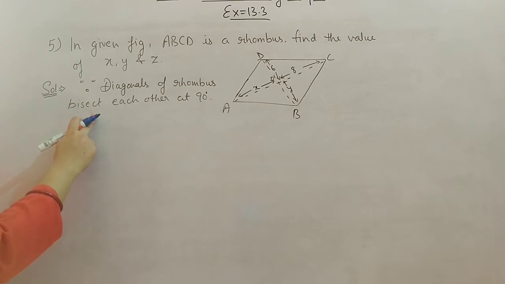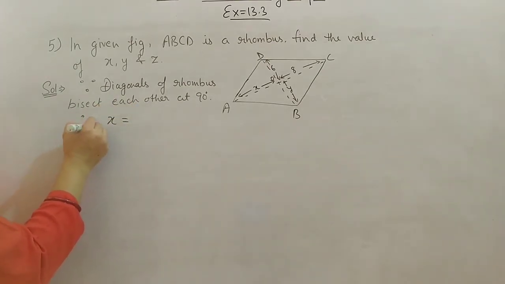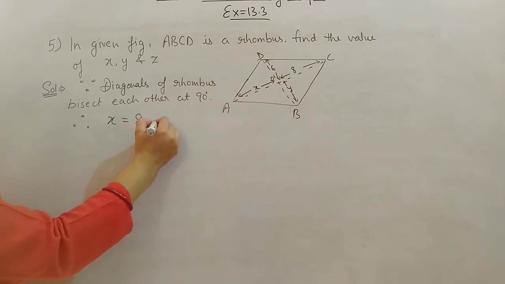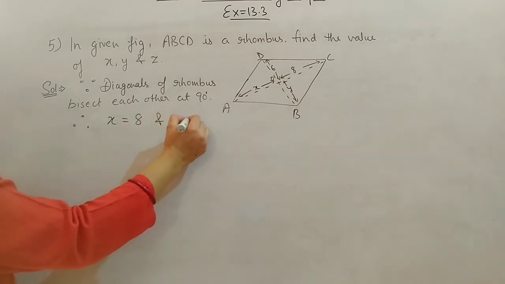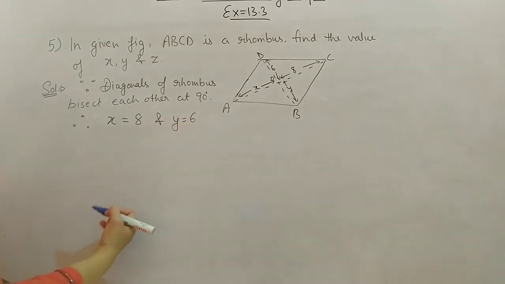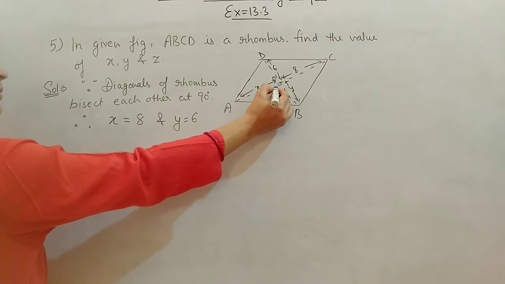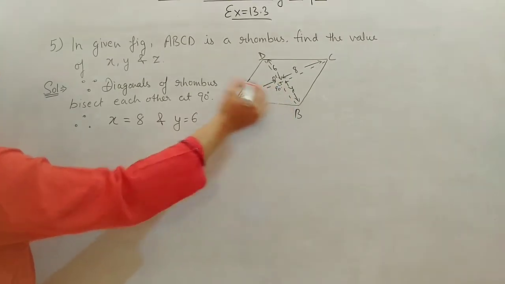So first we will use this bisect property. Bisect means equally half. Therefore x value is equal to 8 and y is equal to 6. After that, now we will use this 90 degree property. This angle is equal to 90 degree. It means we can use here Pythagoras theorem.